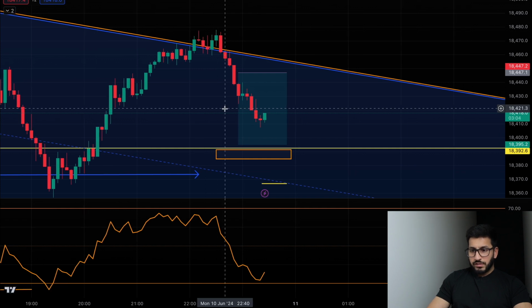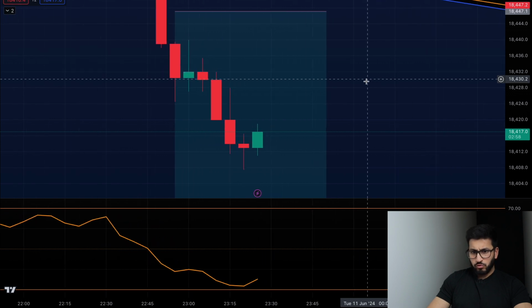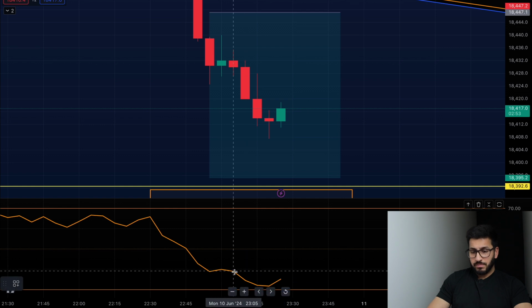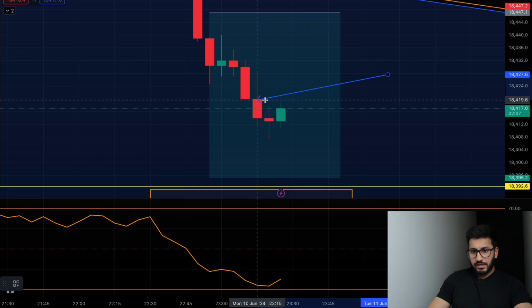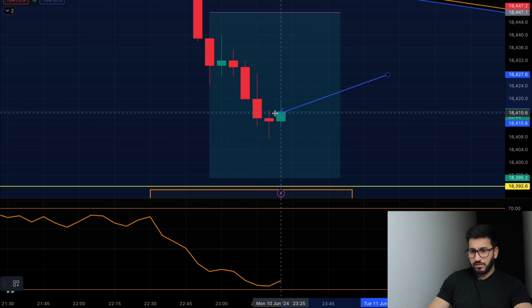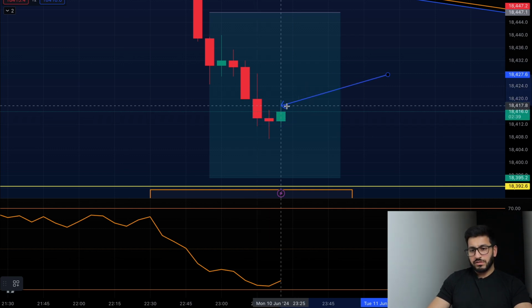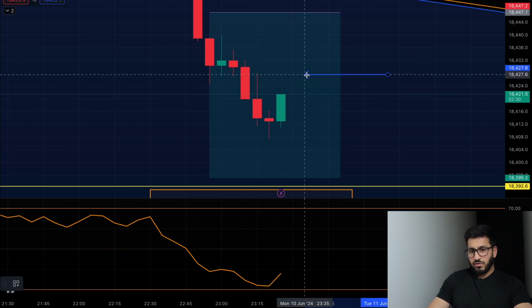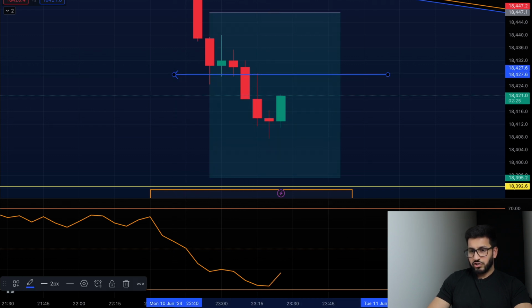Let's zoom in there. You can see the momentum, it's going up a bit here, but we'll wait for this candle to get broken. It's a 5-minute chart. If this closes above this, there is a chance of it just flying back up. This is the area of resistance on a 5-minute chart. We'll see if it will reject from here.